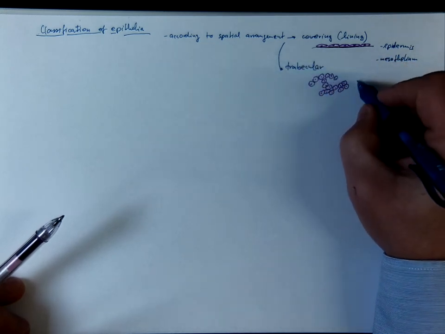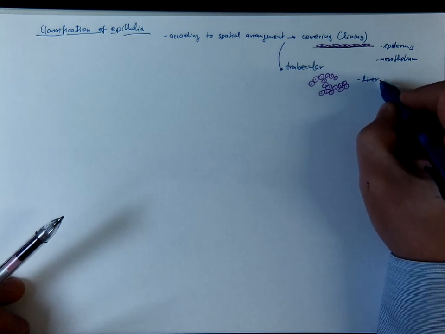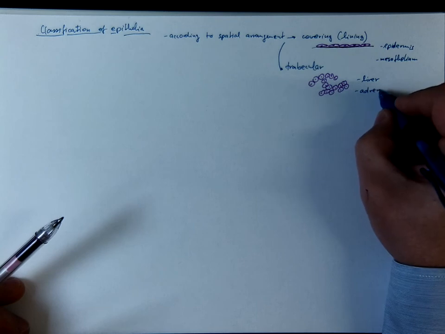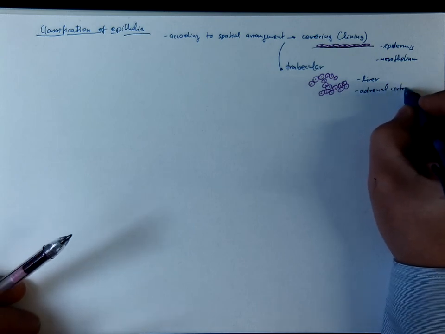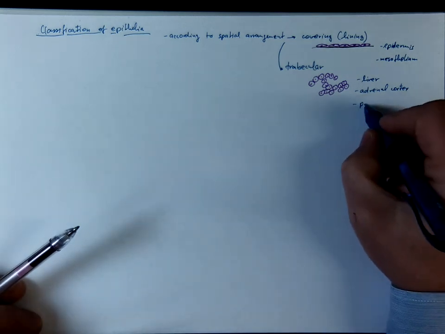and it occurs in liver epithelium, in adrenal cortex, or for example in endocrine pancreatic islets.